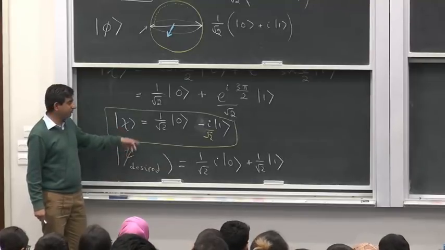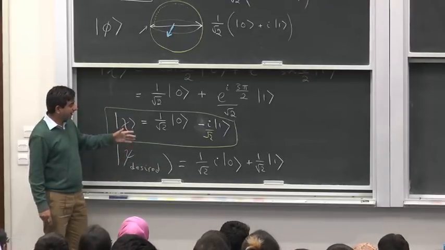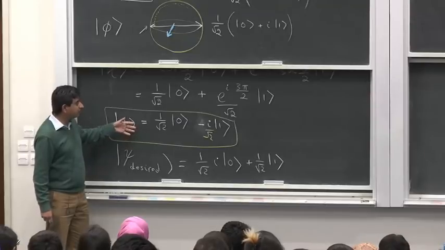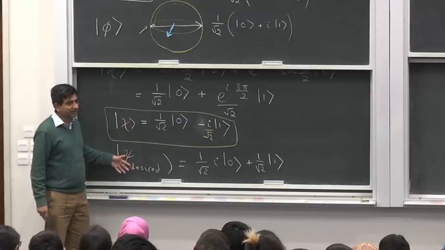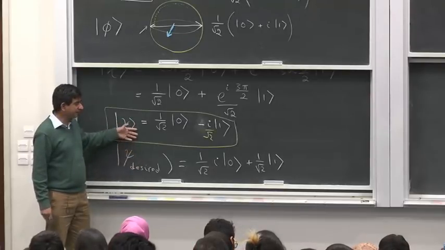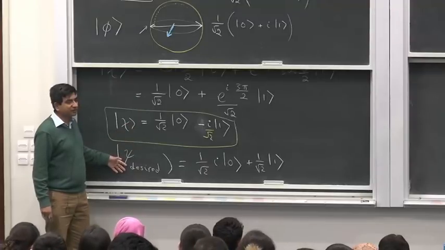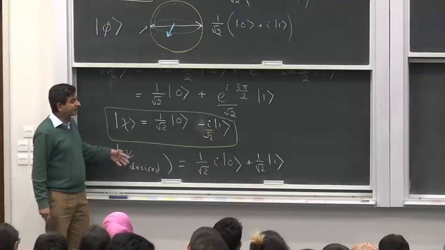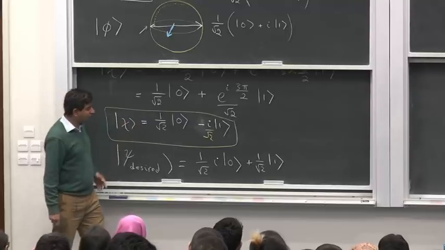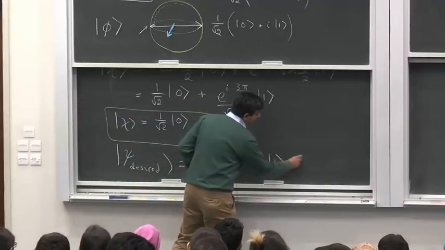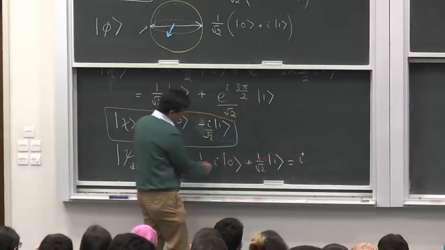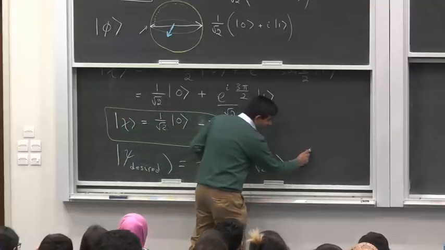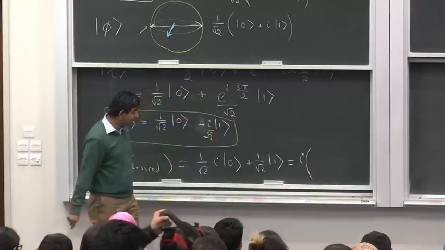If I look at this state, I can start with this state and prove that this is equal to this state, or I can start with this state and prove that it's equal to this state. So let me start with this state and prove that it's equal to this state. I would like to take an iota out as common. I would like to factorize iota.